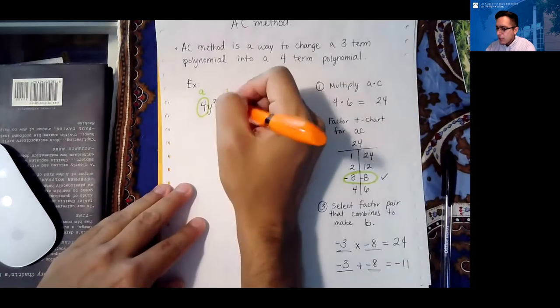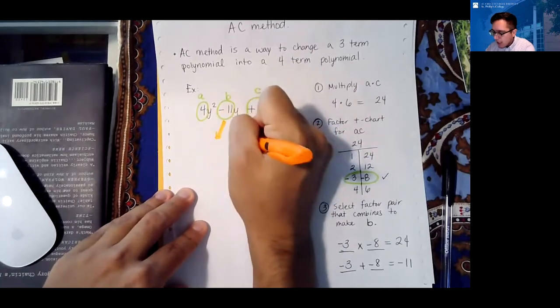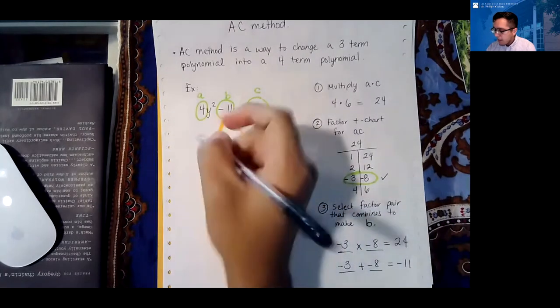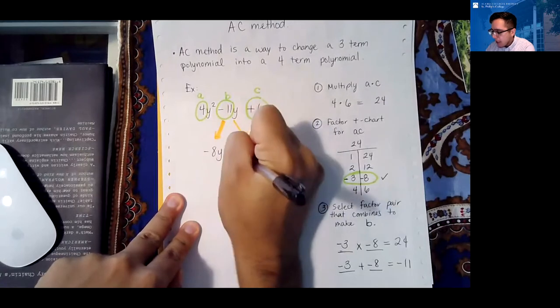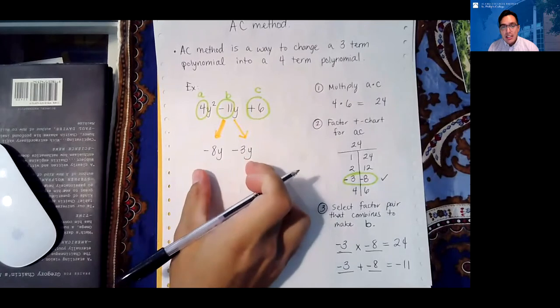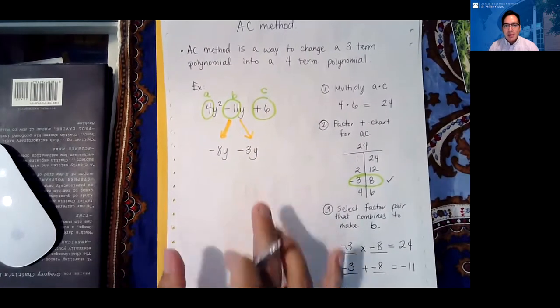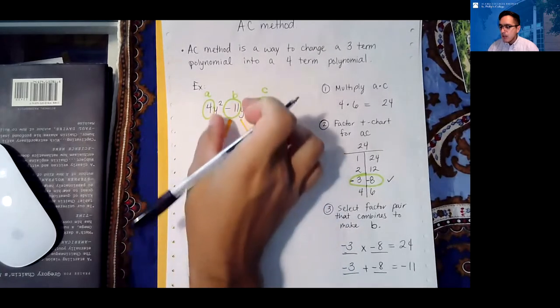So if I go back to my original problem, and I break this negative 11y up into negative 8y minus 3y, if I were to combine like terms here, I would get negative 11y. So it's not really changing the value of this middle term.